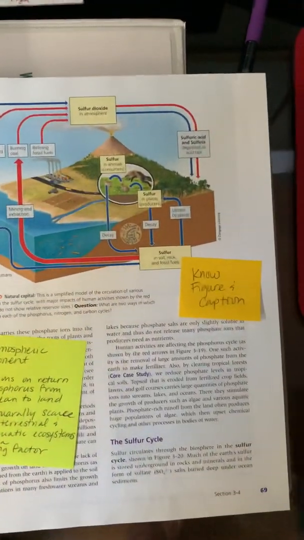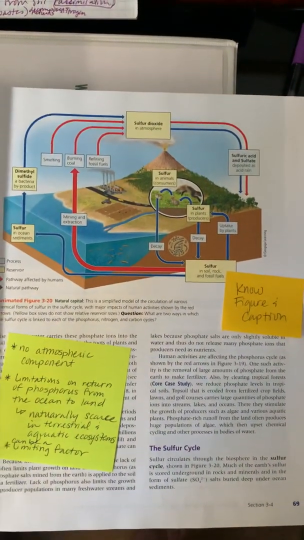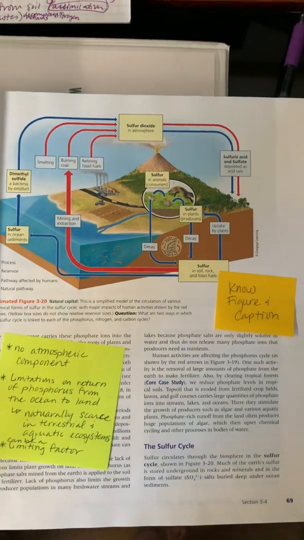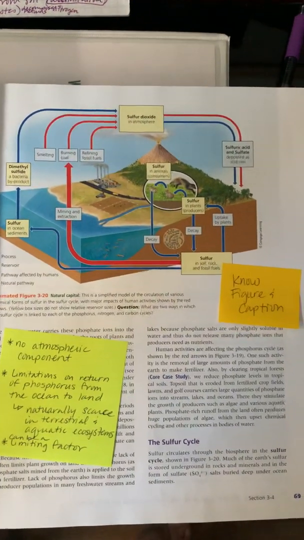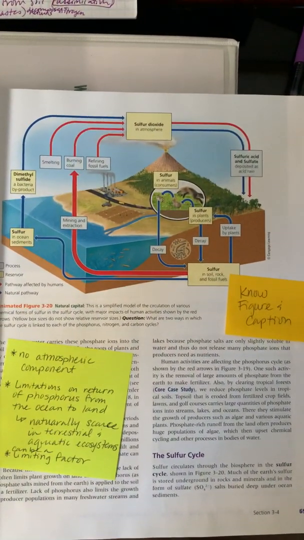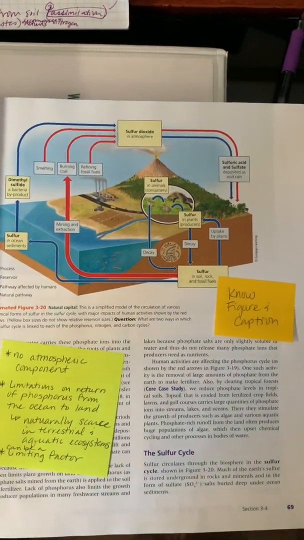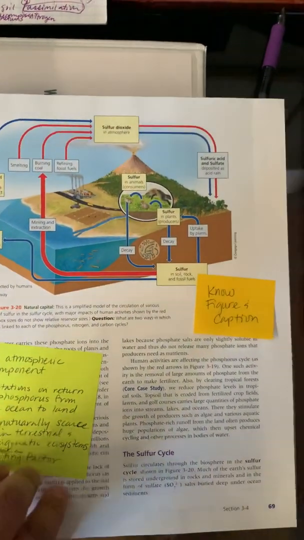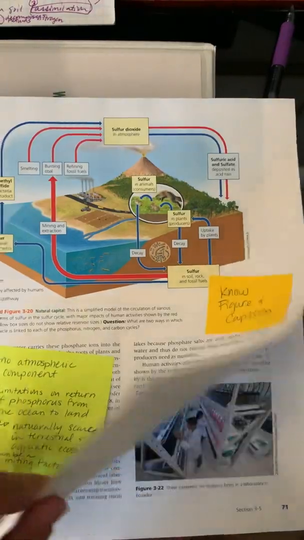The last one is the sulfur cycle, which we're not really going to have to worry about too much. Yes, you still need to read about it, but the other ones are more important as far as knowledge for the AP exam. For the sulfur cycle, you do need to just remember that it goes through different parts. Again, this is also one that's going to involve different types of rocks.